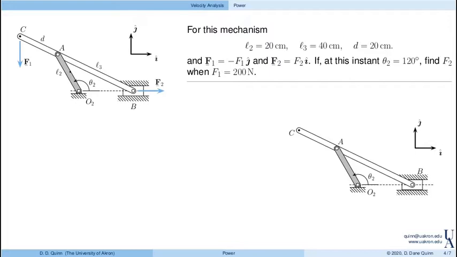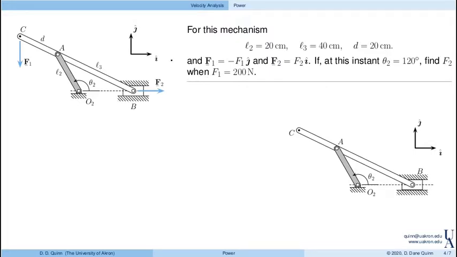Well, here we'll end up doing the same thing, except we don't have to worry about any of those reaction forces, because they're taken care of by this power equation. Just as an aside, the reason that the reaction forces don't appear is because reaction forces do no work. So they don't add to the power equation at all.